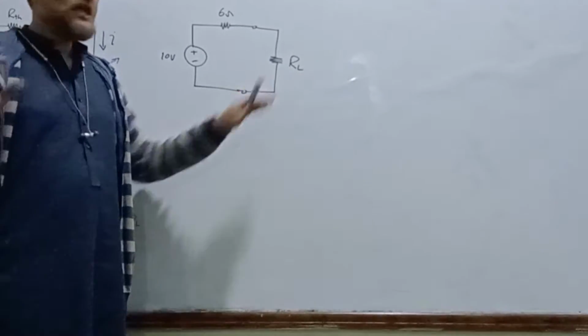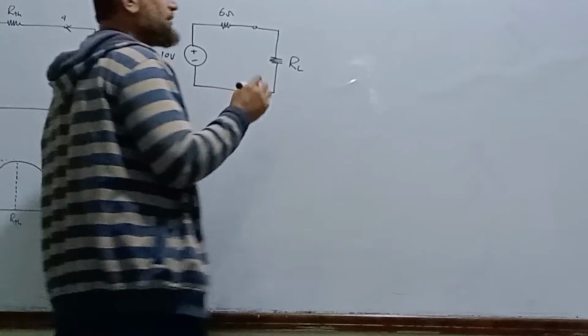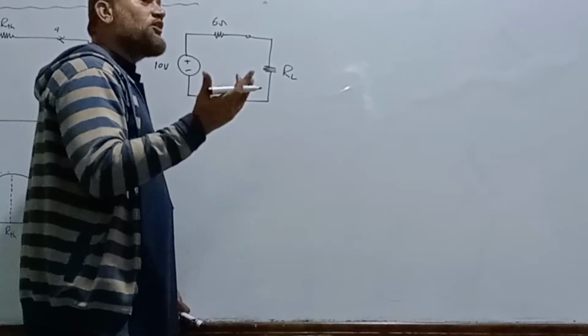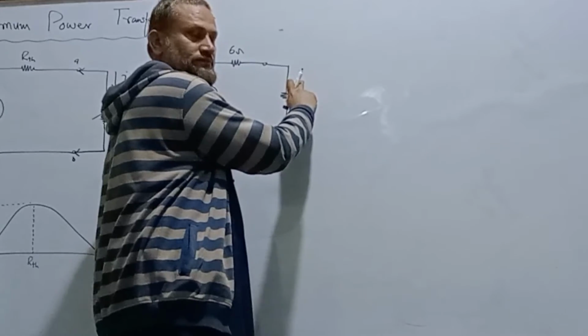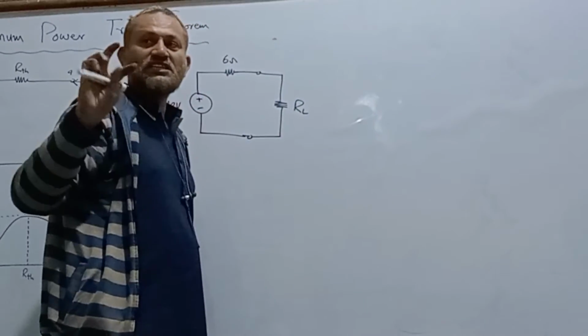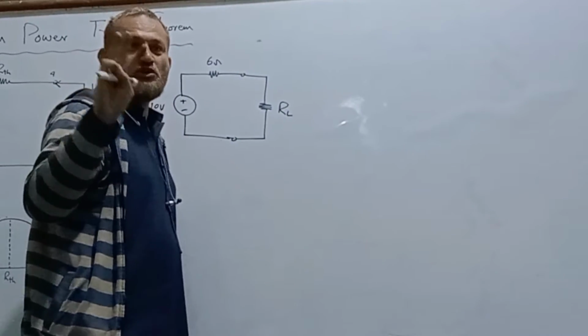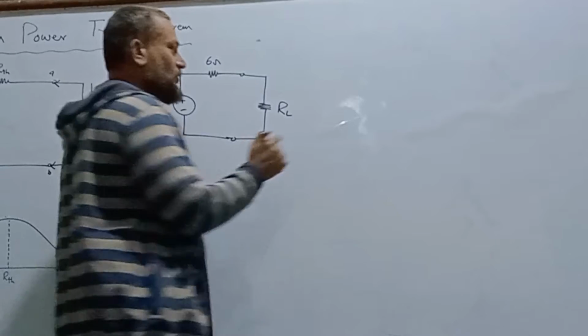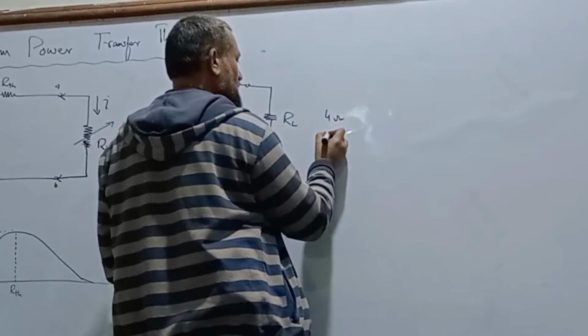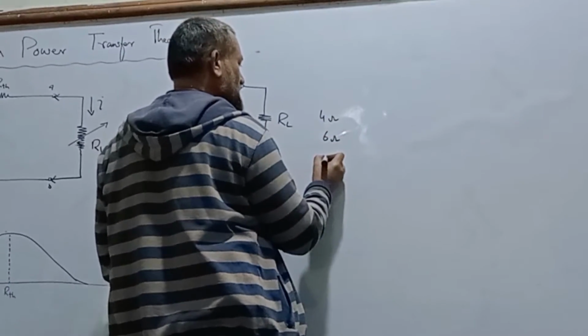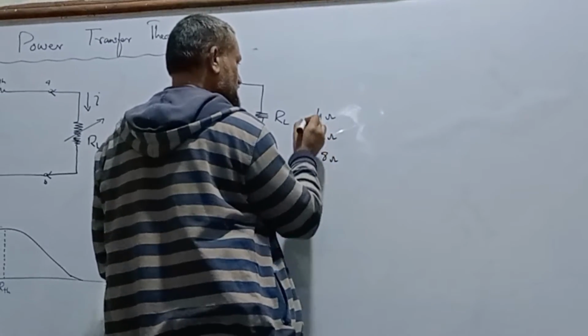Understand that part? Now I am looking for the power. How much power is absorbed by this load? I will consider 3 values for this: one is 4 ohm, one is 6 ohm, and one is 8 ohm.